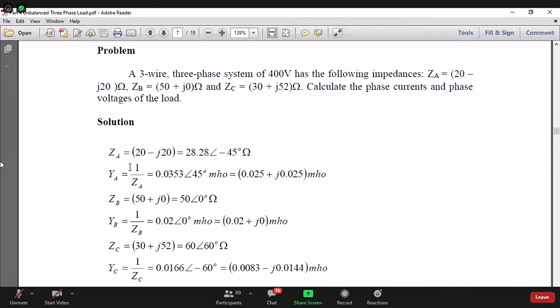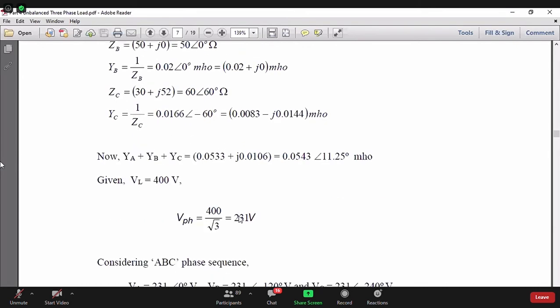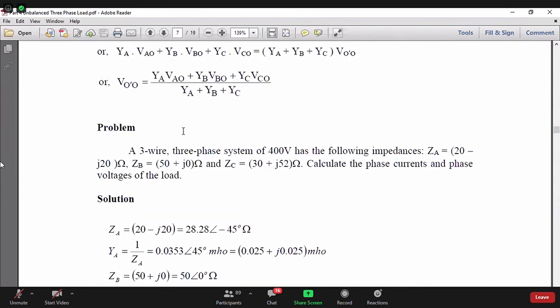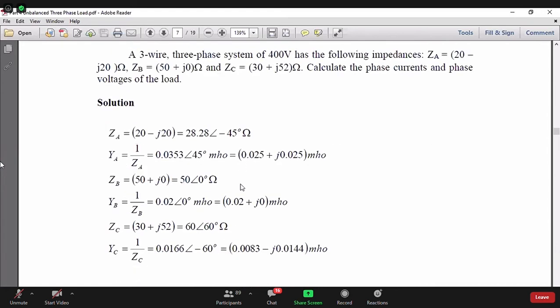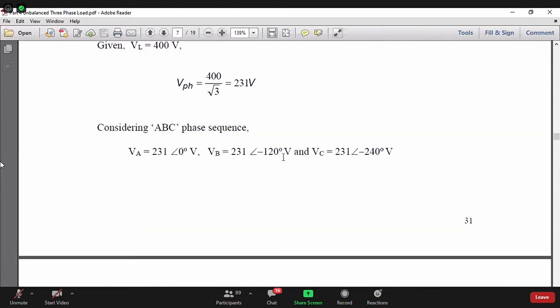Fine. So now this is ZA given. You take YA, that is admittance. ZB, ZC. So YA, YB, YC. Then in this formula, in the denominator we have YA, YB, YC. In the numerator we have YA into, this is the source voltage, not the local voltage. So first I write the expression for the source voltages with ABC phase sequence.